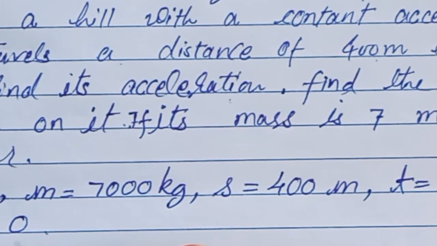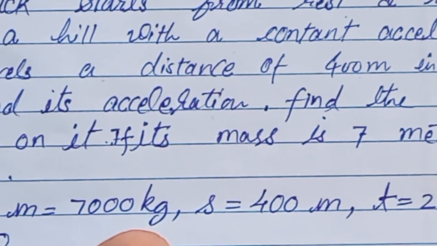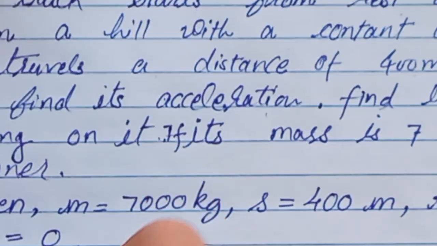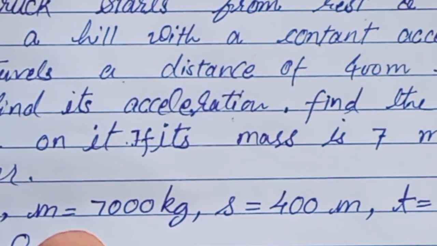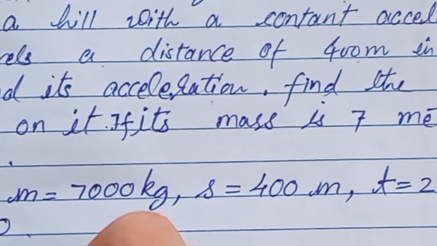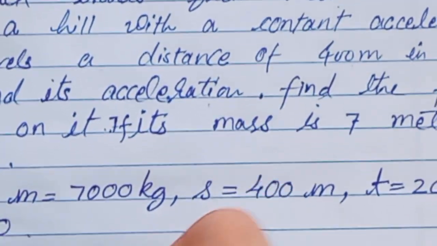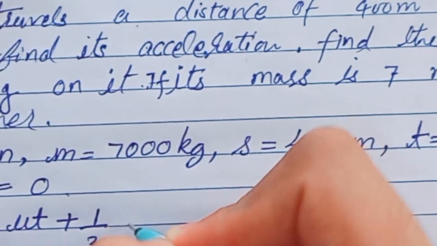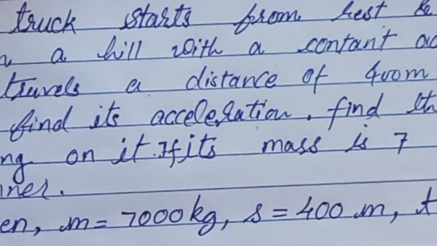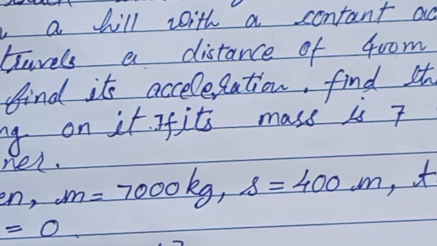Now we can find the acceleration. We can apply the formula S = ut + ½at². This is the formula we can apply to find acceleration.